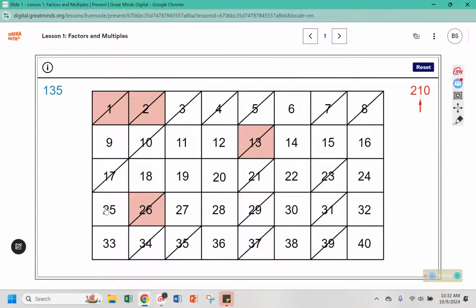25 is 5 and 5. The 5 is already claimed. 30 could be 15 and 2 or 10 and 3. That 15 is still available. About 11. 19 is a prime number.